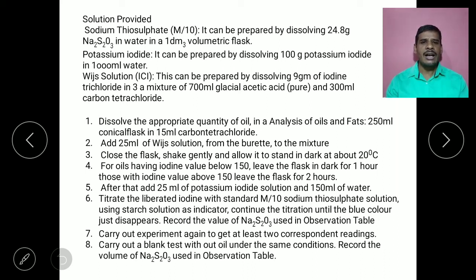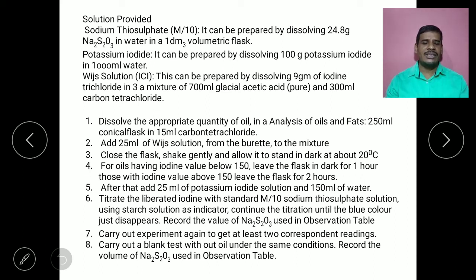After that, 250 ml of 10% KI is added, then 150 ml water should be added, and this is titrated against 0.1 molar sodium thiosulfate solution using starch as an indicator.